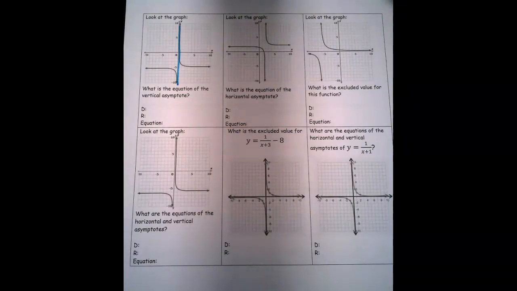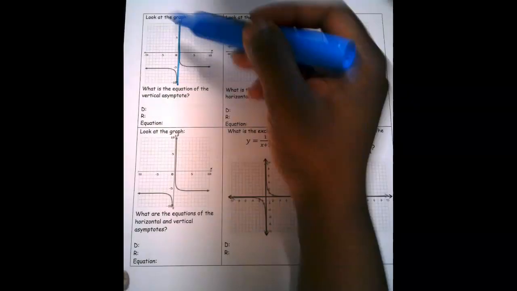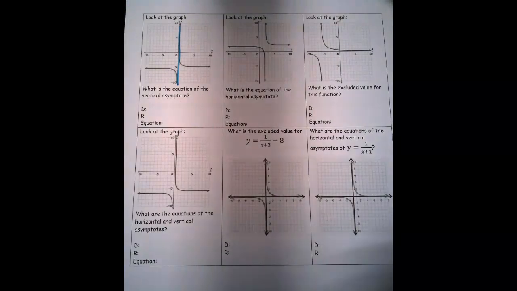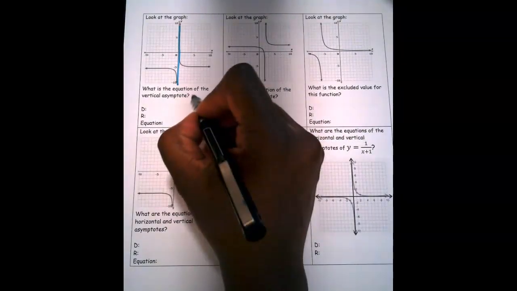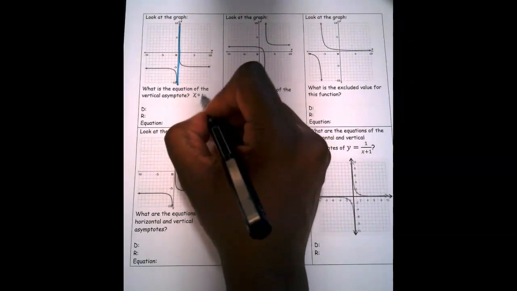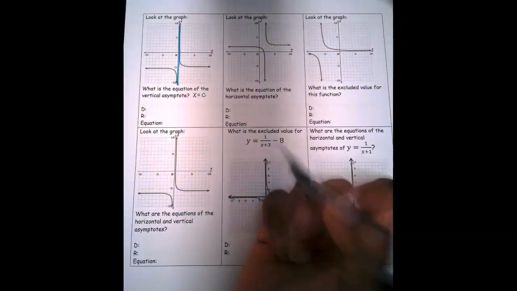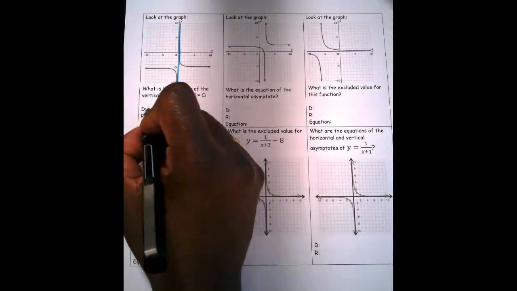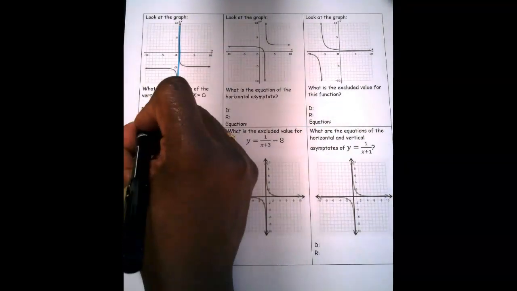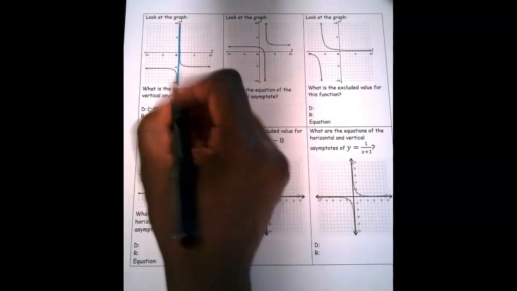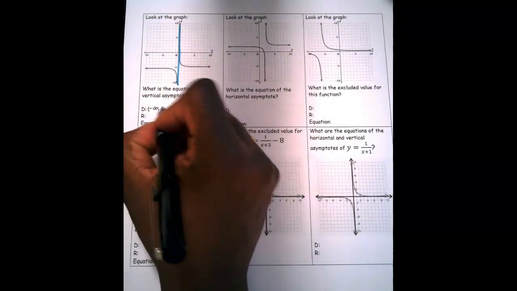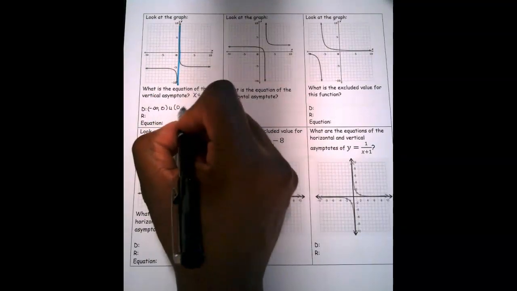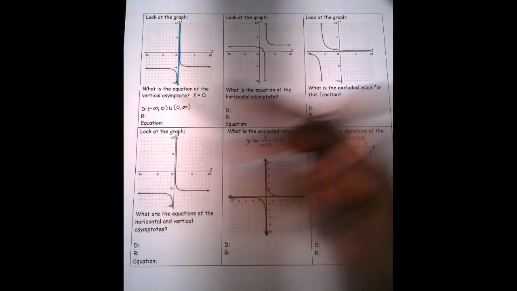So you're looking up and you're looking down. Here, our vertical asymptote would be x is equal to 0. Now, our domain on this would be from negative infinity to 0 or 0 to positive infinity.